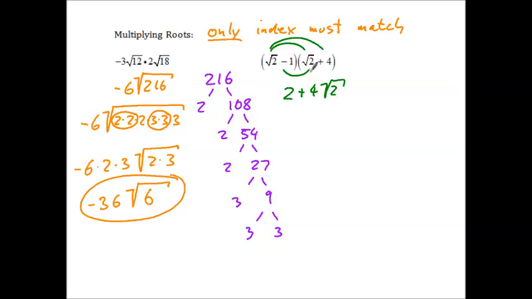Multiply the inner terms. We get negative 1 times the square root of 2. And multiply the last terms. We get negative 4. We have some things that we can simplify and combine here. 2 minus 4 is negative 2. And 4 times the square root of 2 minus 1 times the square root of 2 is still positive 3 times the square root of 2.